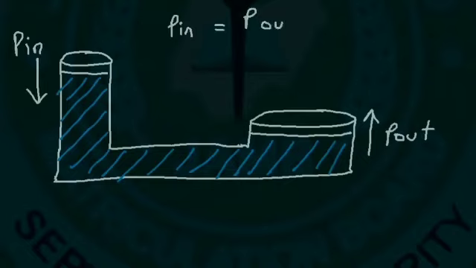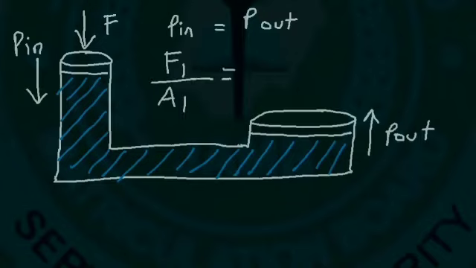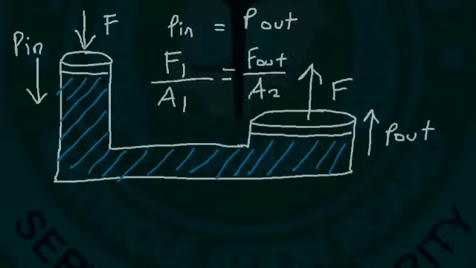So if we apply a force over this circular area, we're going to exert a pressure. And that input pressure is the input force divided by the area. And an output force will be exerted. And that output force divided by A2 is equal to the output pressure. Let's call it F2.